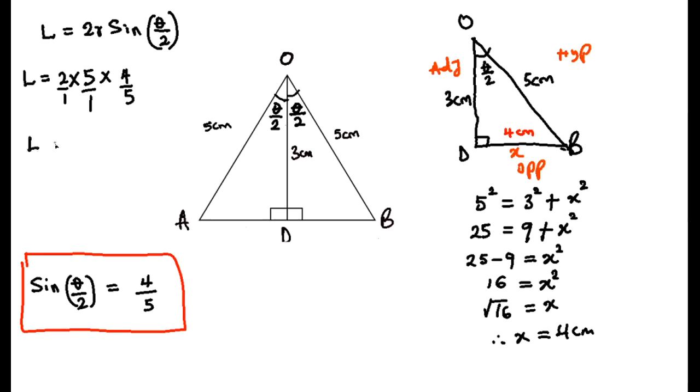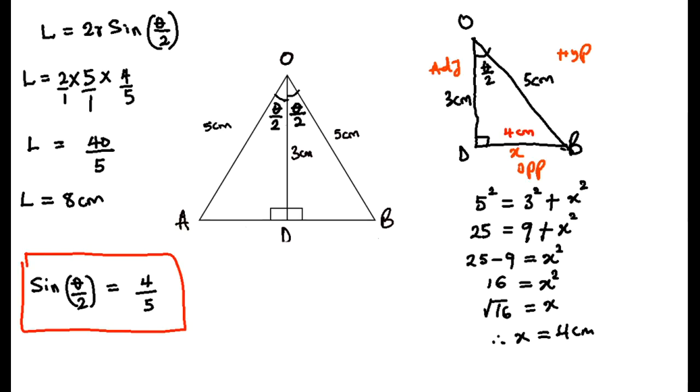So let me solve this way by multiplying the numerator first. 2 times 5 is 10. 10 times 4 is 40, over 1 times 5 is 5. And then 40 divided by 5. We still have that the length is 8 centimeters, the same as the way I solved initially. So it still works. I just found out that using Pythagoras all through was much easier and faster.